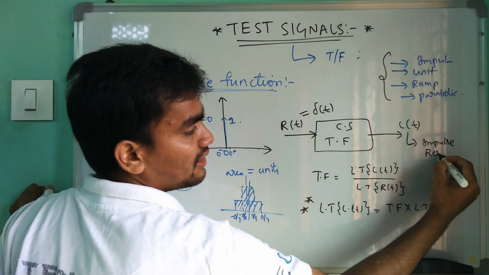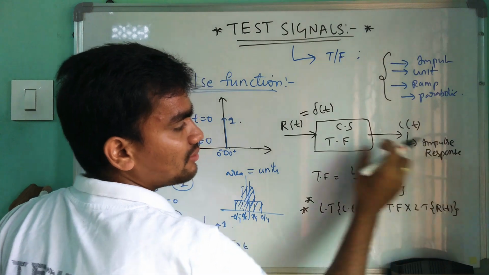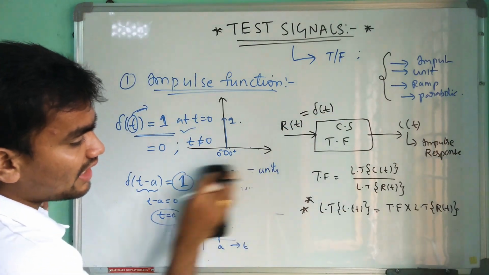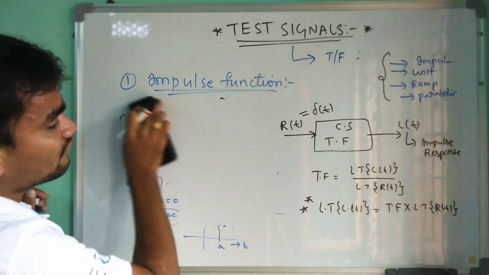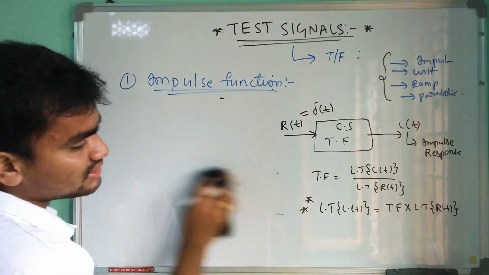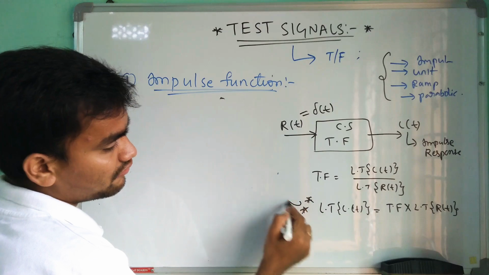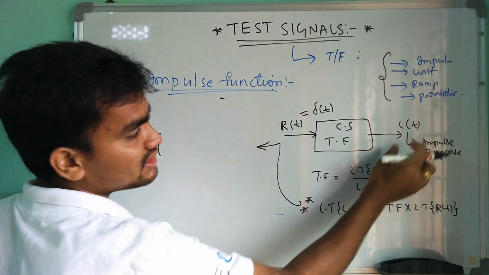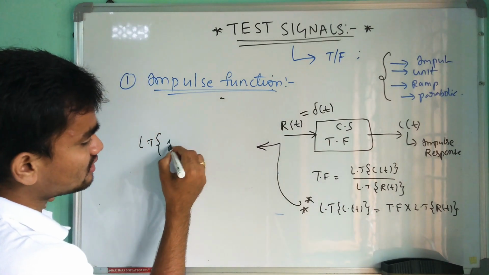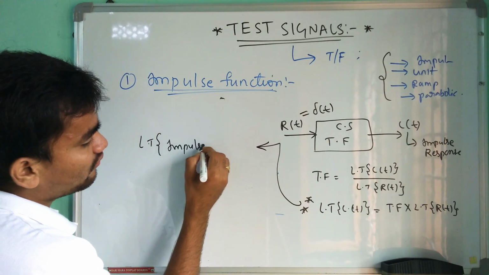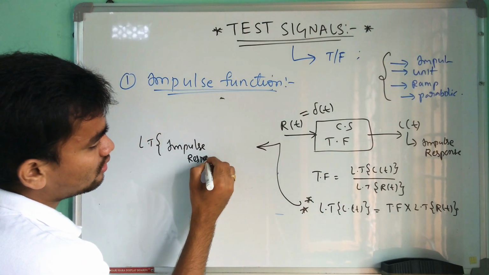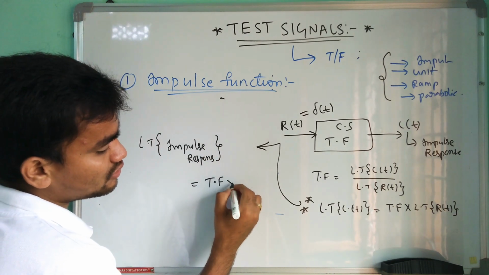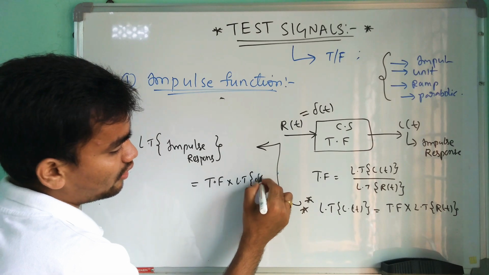Now I can rewrite the equation: the Laplace transform of C of t, the output, that is the impulse response, equals the transfer function times the Laplace transform of del of t.